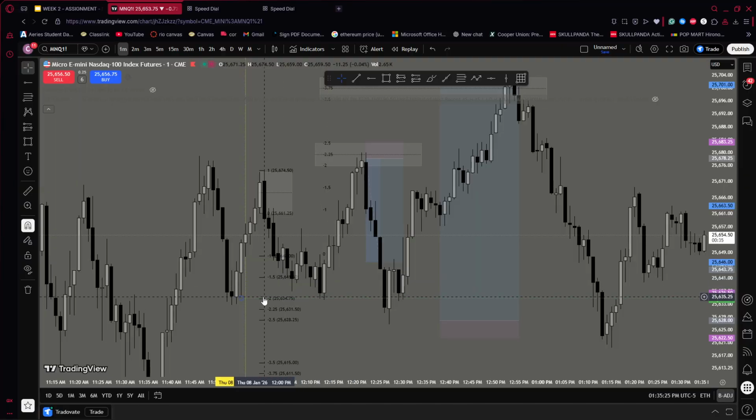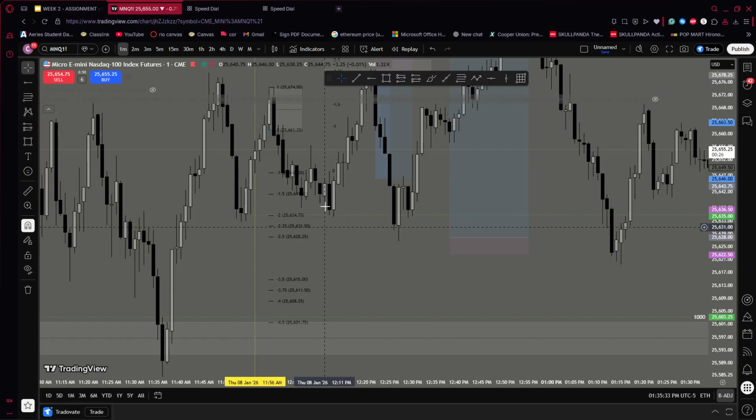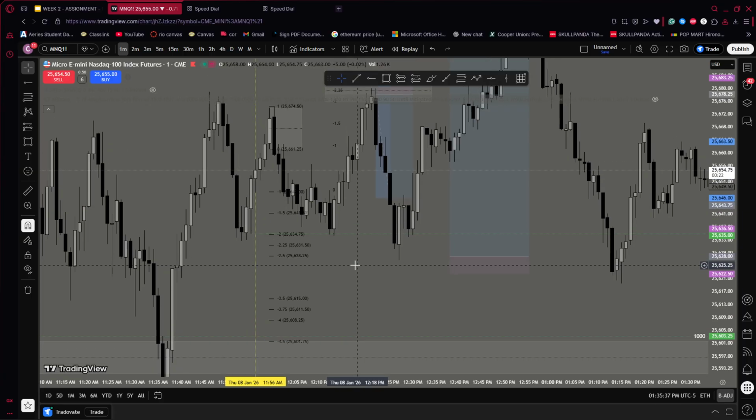And you don't even have to use this because previously we have this standard deviation, correct? And the -2 did give a valid reaction. Any standard deviation that gives a reaction off of the -2, that means this whole standard deviation is valid. So that means all the other significant values, which are -2.5, -3.5, -4, and -4.5, are all very high probability reversal points.